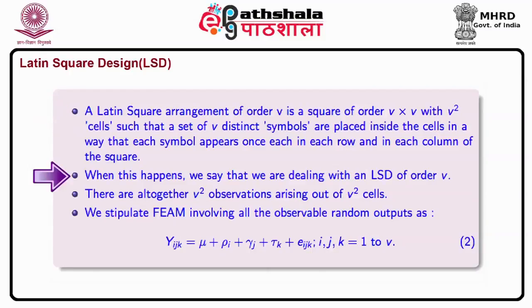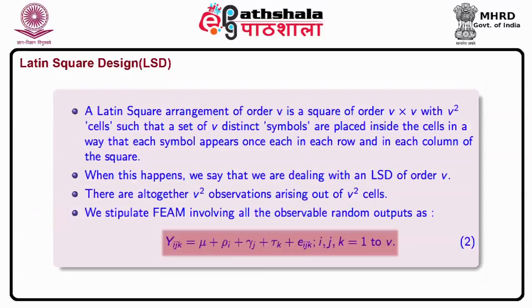Now, when this happens, we say that we are dealing with an LSD, or Latin square design, of order V. There are altogether V square observations arising out of V square cells, and we stipulate fixed effect additive models involving all the observational random outputs as Y_ijk equals mu plus rho_i plus gamma_j plus tau_k plus E_ijk. I can see that now you are incorporating in your model the general mean mu.